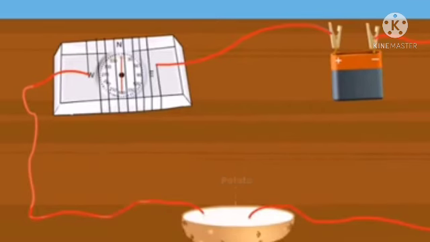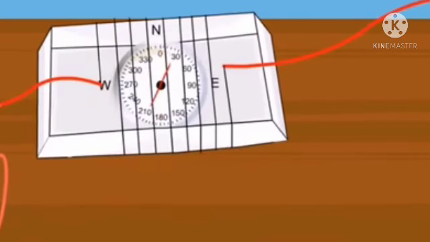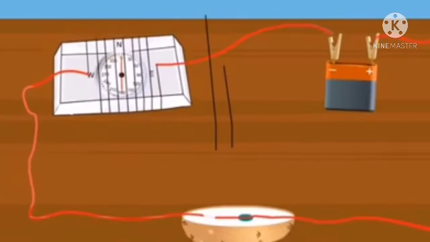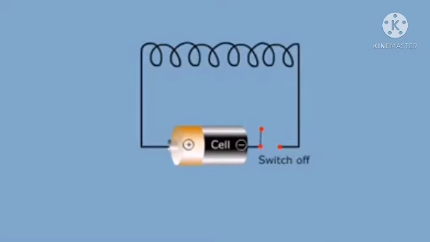Insert the free ends of the wires into one half. You will observe that the compass needle gets deflected, and you will also find that it is always the wire connected to the positive terminal. This discovery was very useful because it can be used for identifying the positive terminal or negative terminal of a cell.